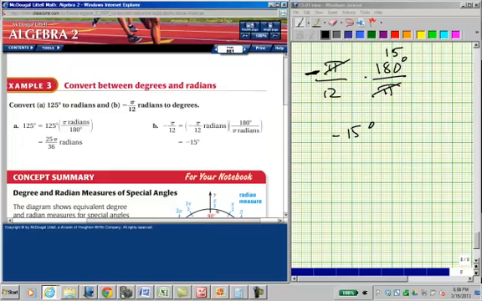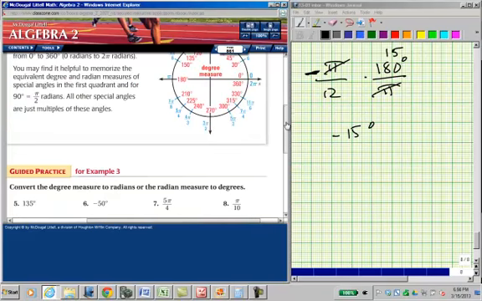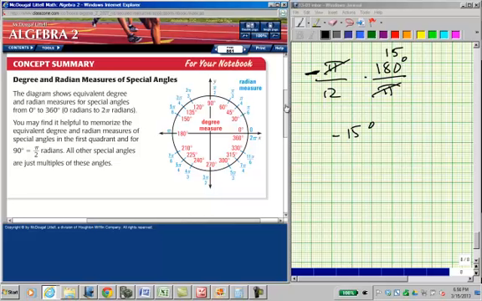Now here's the list of the special angles. These are the angles that we work with a lot and for which we memorize the sine and cosine and all of that. So notice 0, 30 degrees, pi over 6, pi over 4, pi over 3, pi over 2, 90 degrees, 2/3 pi, 120, 3/4, and so on.